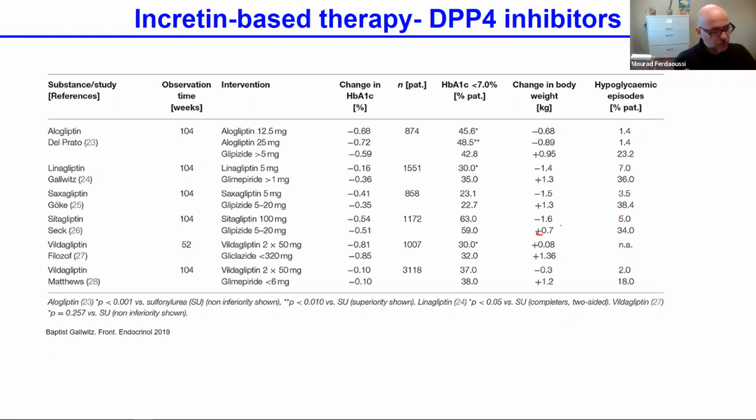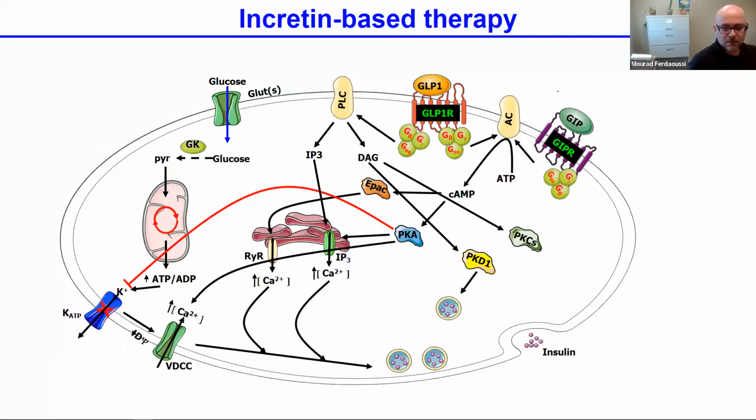So there are now two medications that are targeting the incretin effect, but what about the GIP? The GIP, as I said, is also an incretin hormone that is secreted by the intestinal cells, but so far there is no specific GIP receptor agonist that is used to treat diabetes.